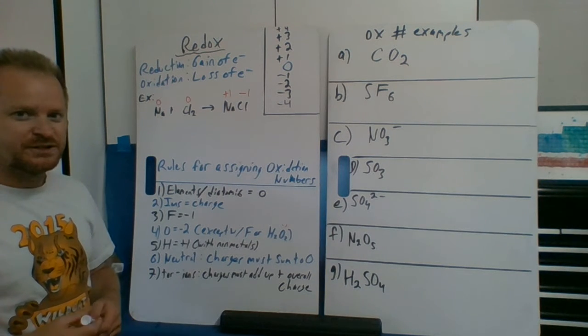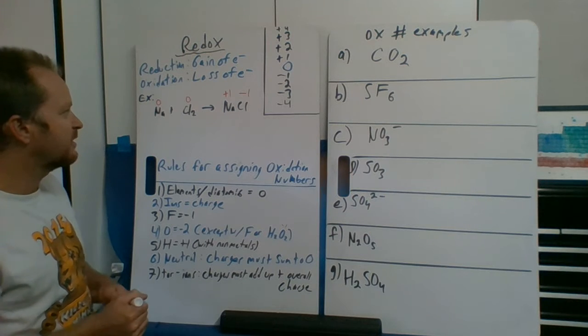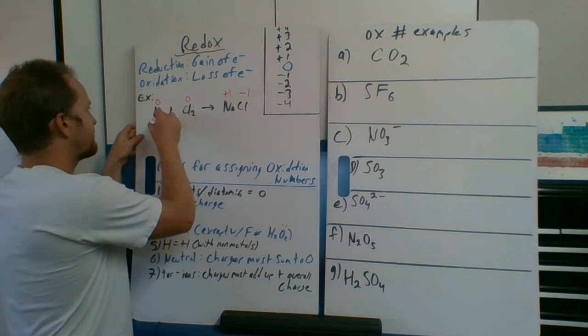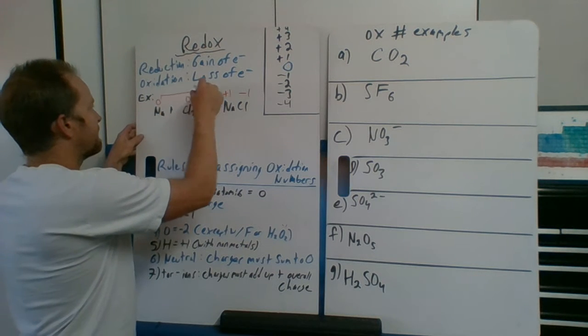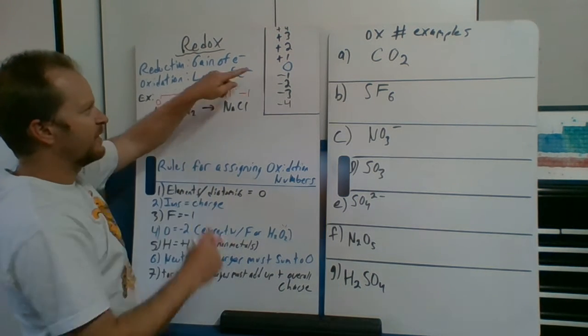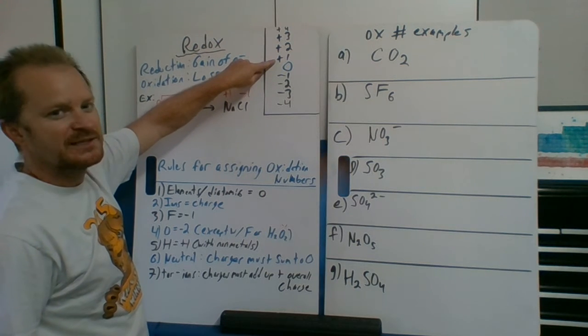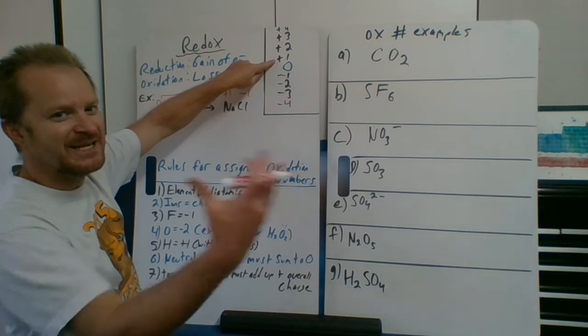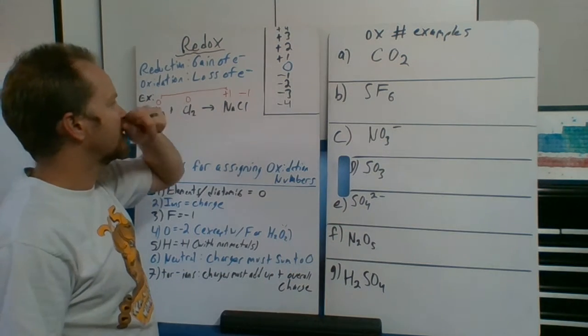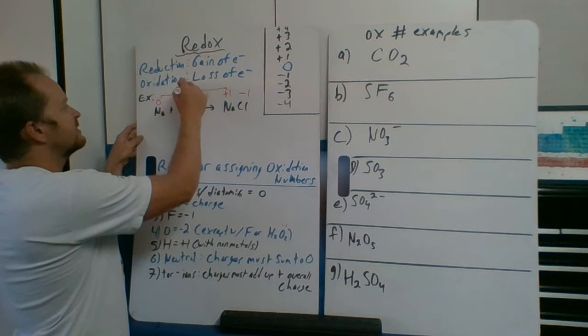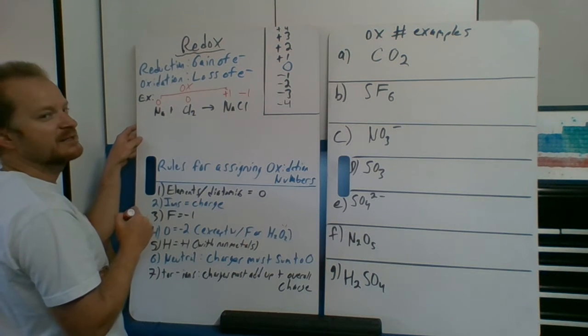And just so you can get a better visual here, what's happening to Na? Na is going from an oxidation number of 0 to +1, which means it's giving up an electron, therefore it's becoming more positive. So when you lose an electron, this is your oxidation.